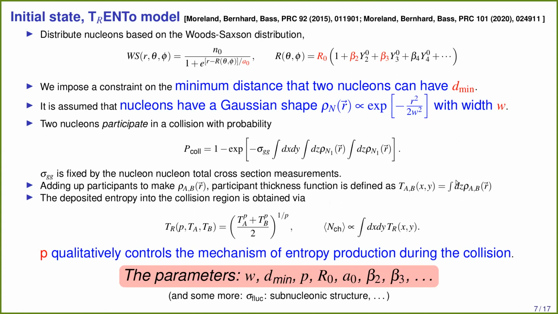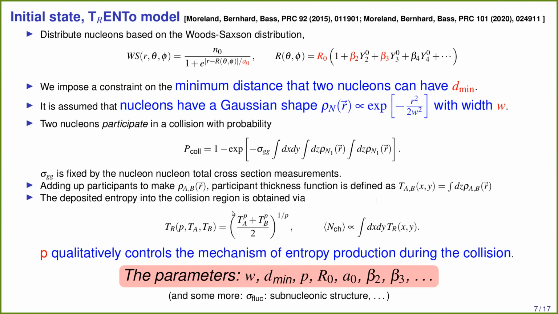Now we should say how these participants deposited entropy during the collision. This is where we introduce this phenomenological, let's say, reduced thickness function, with the parameter p, which tells you how the entropy is eventually deposited into the collision system.